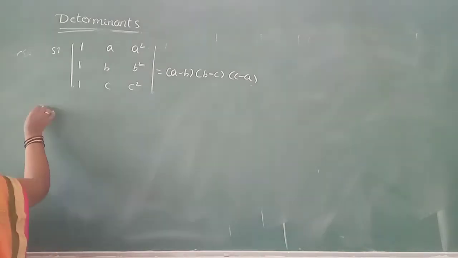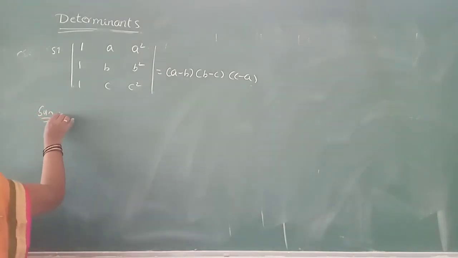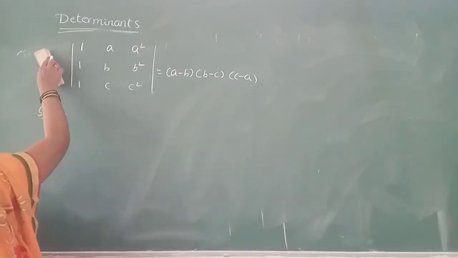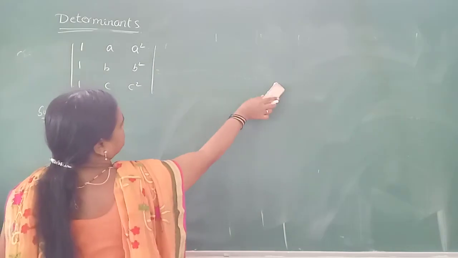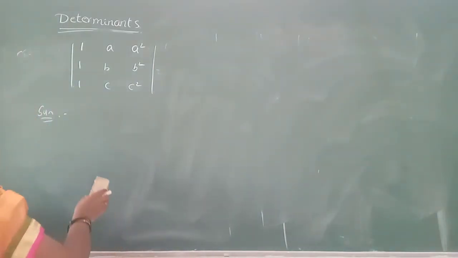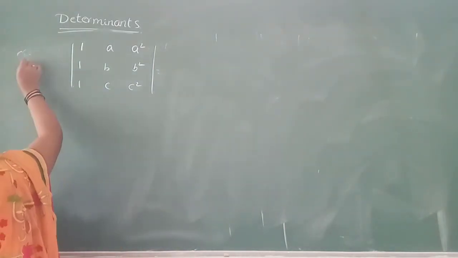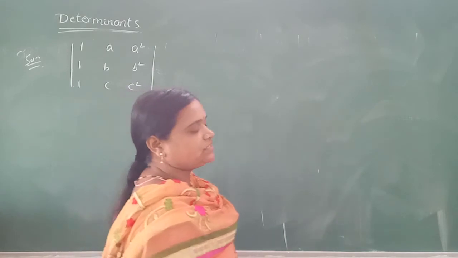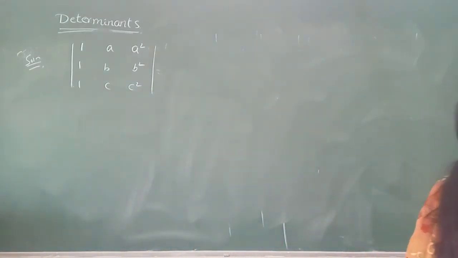Solution. Given the determinant 1, A, A square; 1, B, B square; 1, C, C square, we want to prove it is of the form A minus B, B minus C, C minus A.